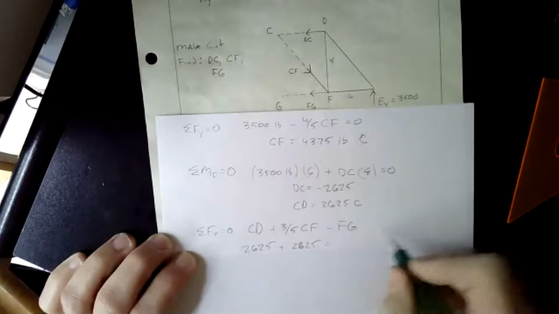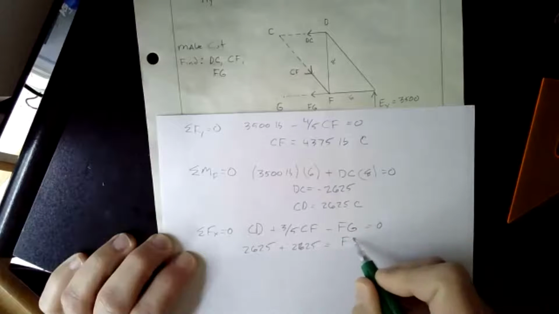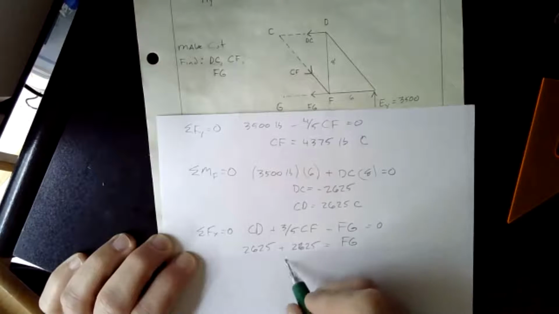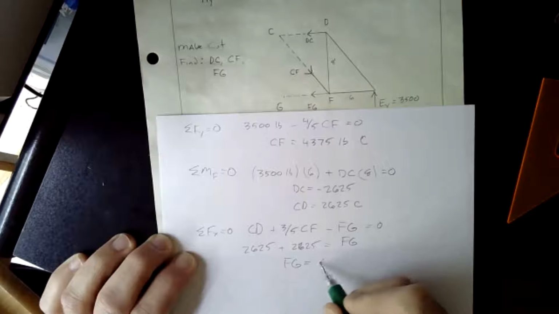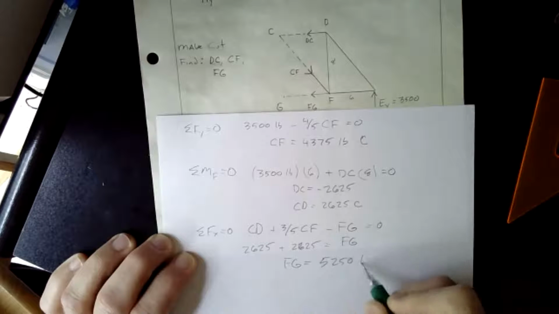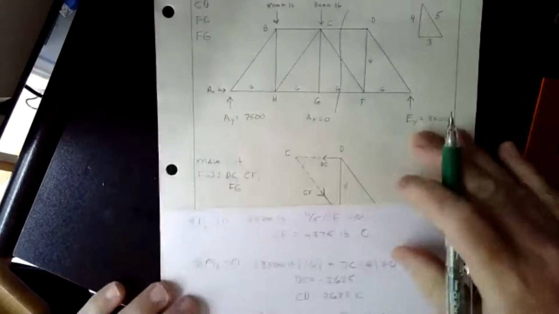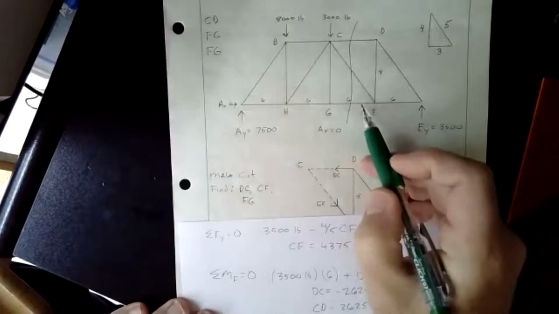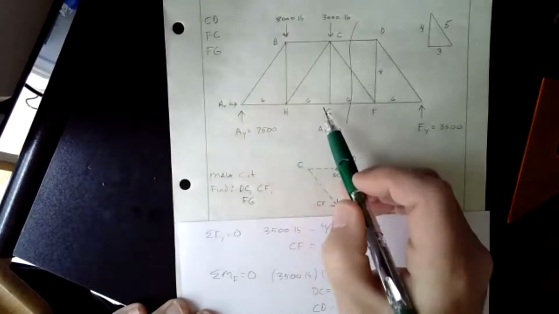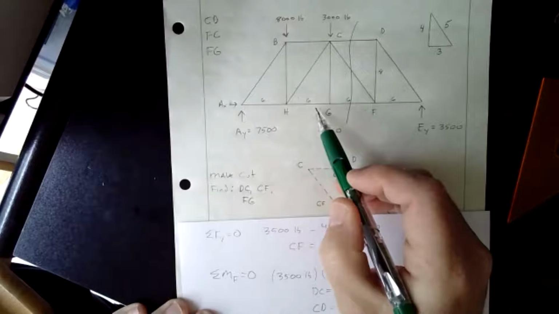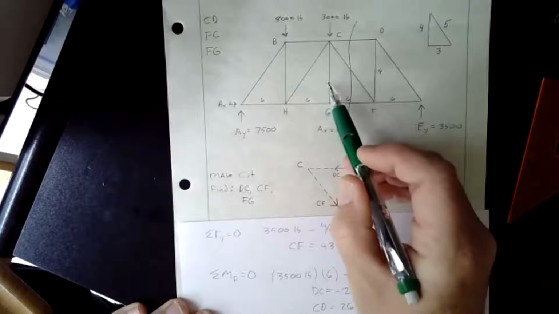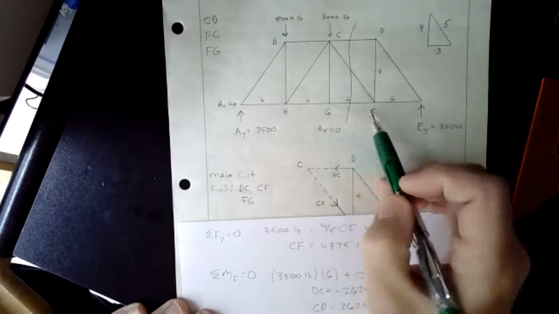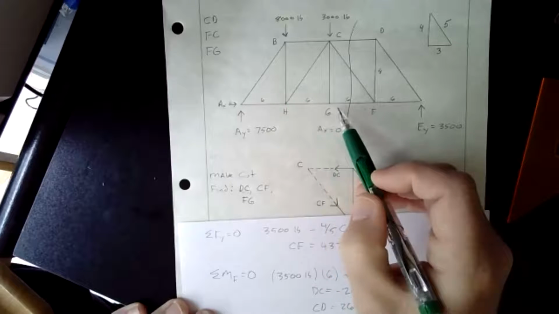And that all equals FG. FG equals 5250, which you may remember was this value. And last week when we did this side, we found that HG was 5250. And since this is a zero force member, we knew that GF and HG had to be the same.